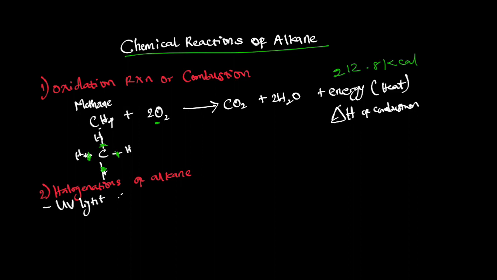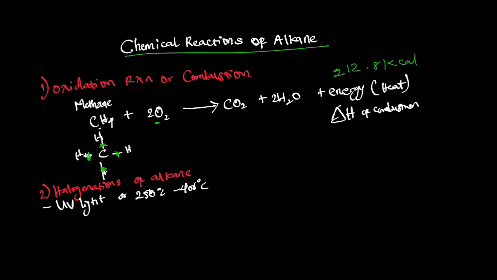Or if UV light is not present, we can use 250 to 400 degrees Celsius of heat. Mostly the halogens that react with alkanes are chlorine and bromine.